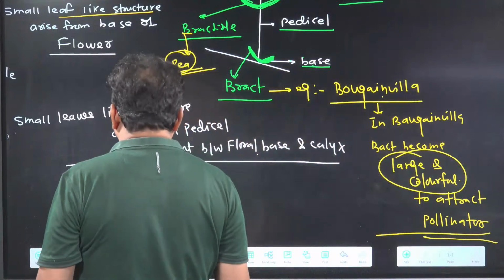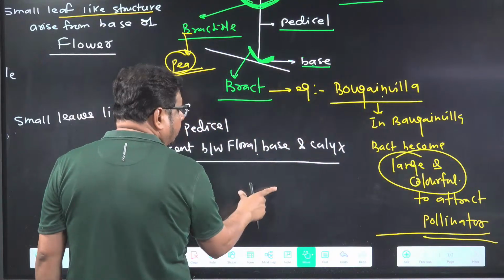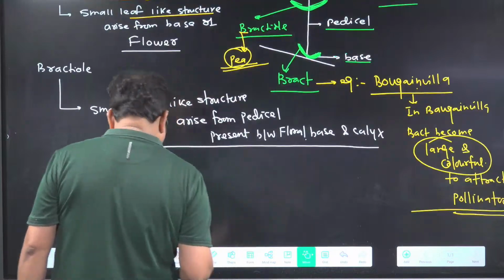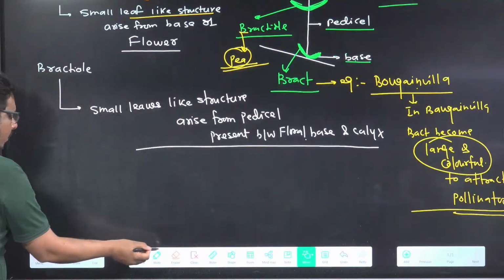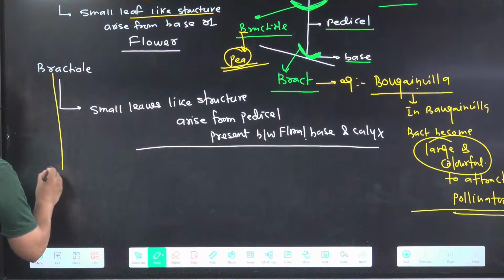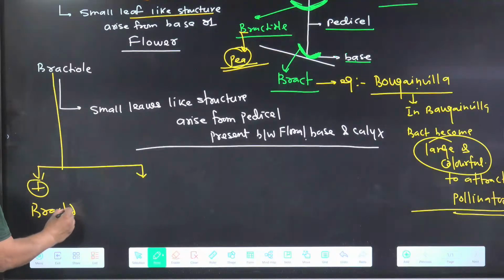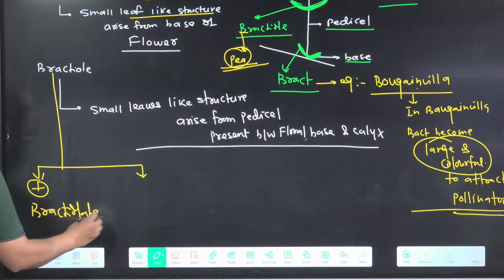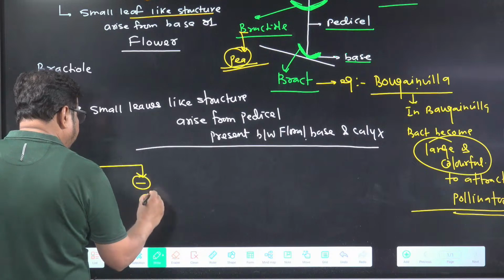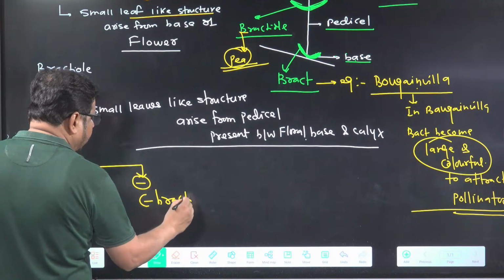And based on bracteole, there are also two types of flower. If I classify it based on bracteole, we are also classifying the flower into two categories. When bracteole is present, it is called bracteolate. When absent, it is called ebracteolate.